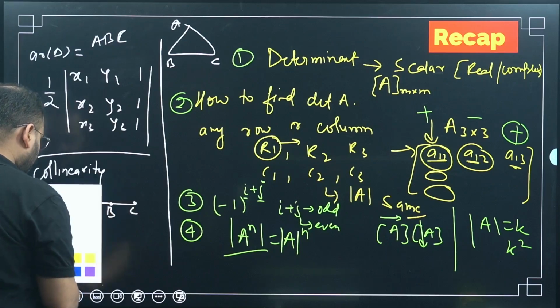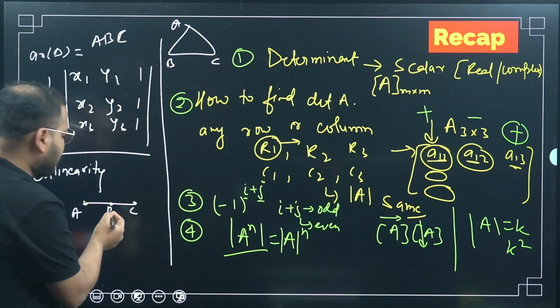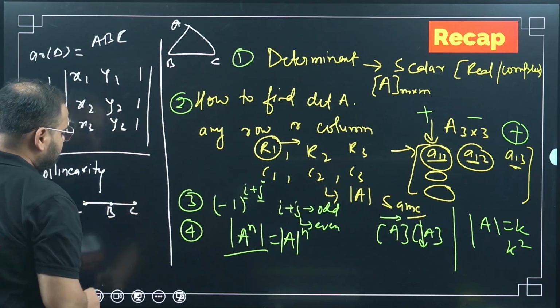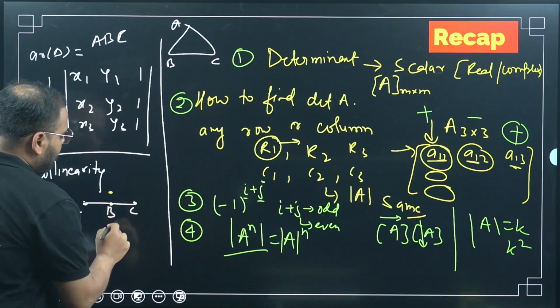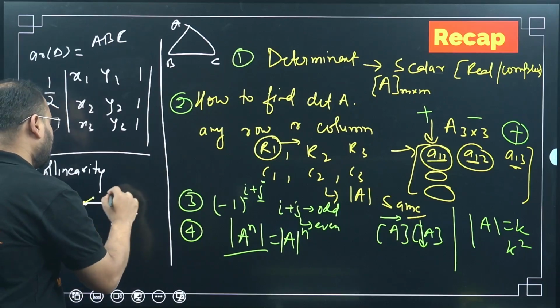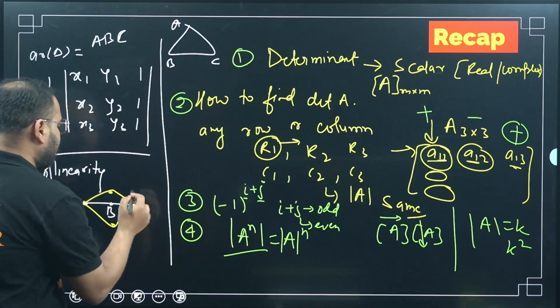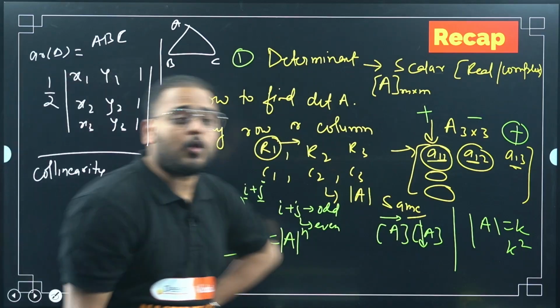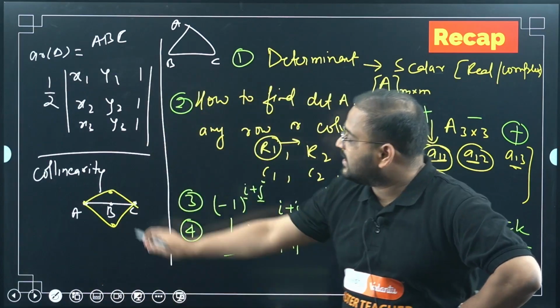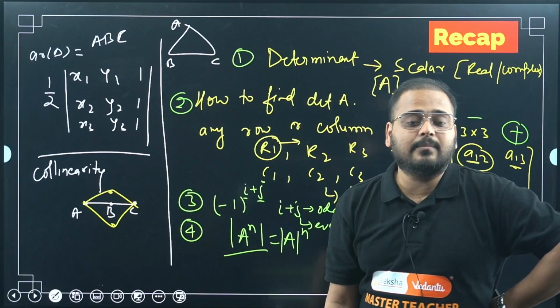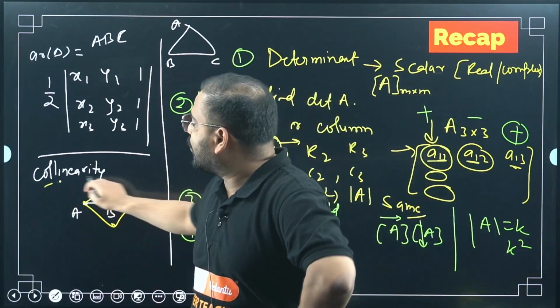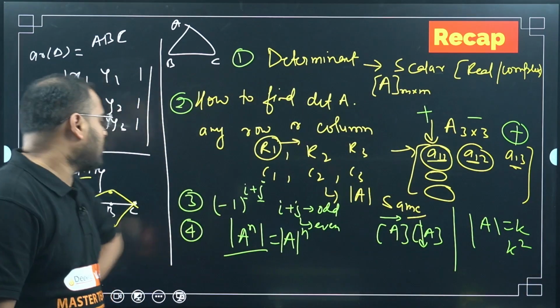So what I'm trying to say is, if this point B is anywhere above, over here, or below, then what will happen? It will become a triangle, right? But if the point B is on the line AC, then what will happen? It will be a straight line, called collinear. So how do we check that?